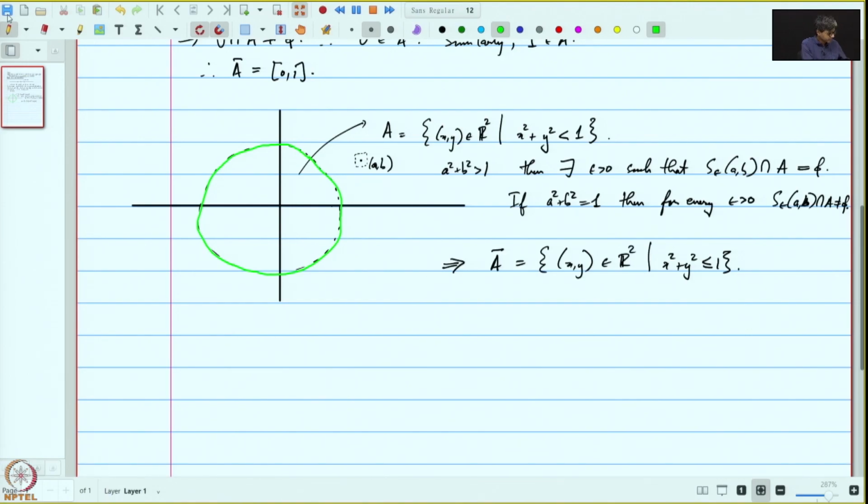So for now, let's prove a lemma. Although we will write a proof, it's good to keep a picture in mind while we prove these statements. So let A contained in X be a subset, like for instance a picture in R2 will be good enough.